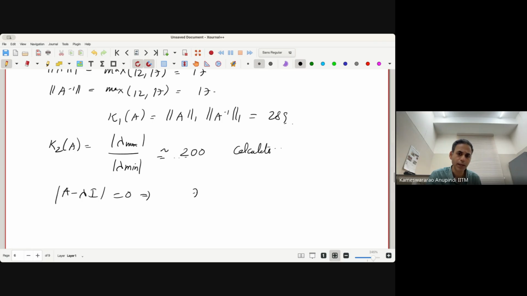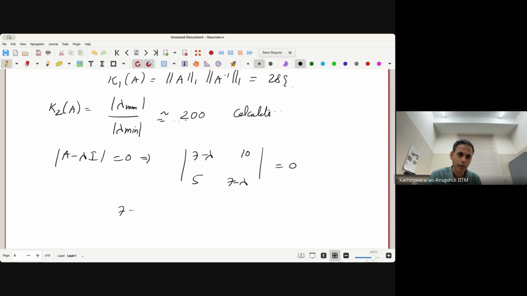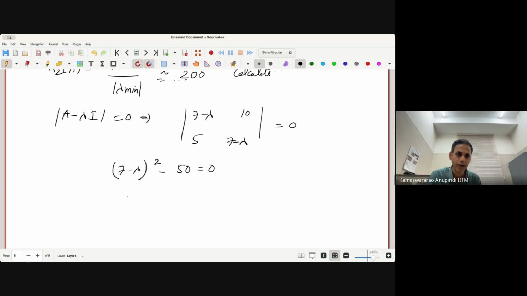That means we're going to write it as the determinant of 7 minus lambda, 10, 5, 7 minus lambda, equal to 0. That's going to give you 7 minus lambda whole square minus 50 equals 0. I think I'm ending up doing this thing. So 49 plus lambda square minus 14 lambda minus 50 equals 0. So what you have is lambda square minus 14 lambda minus 1 equals 0. Okay.